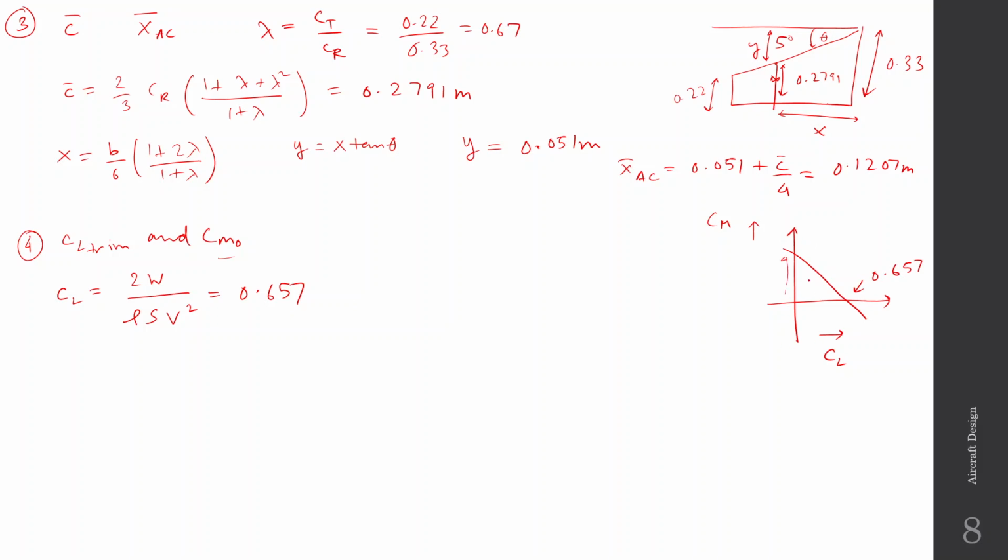One thing we have to keep in mind is that this is CM versus CL, but CM naught is taken with respect to alpha equal to 0, not CL equal to 0. So we have to find what is CL at alpha equal to 0, and that is basically your CL naught. CL naught we know is 0.237.